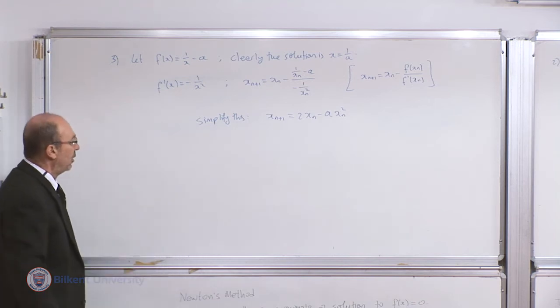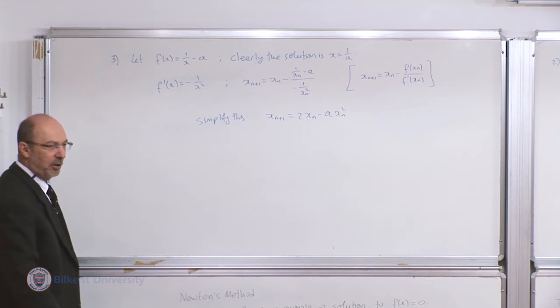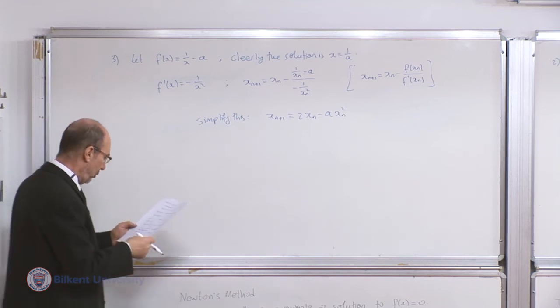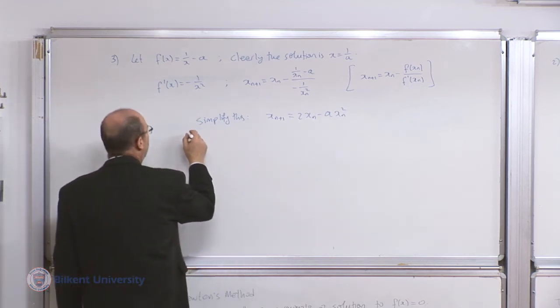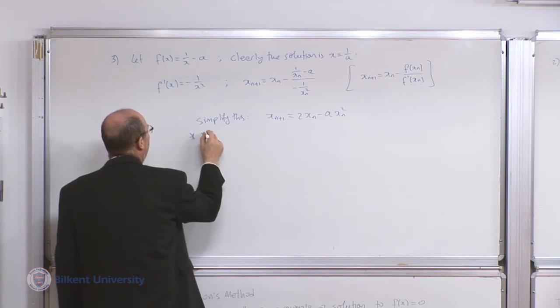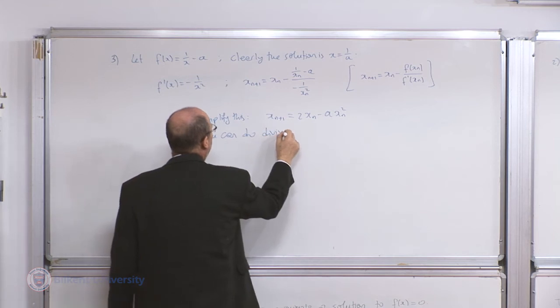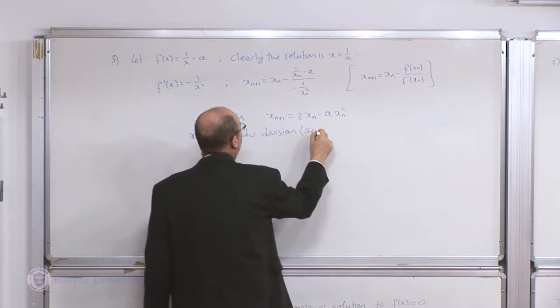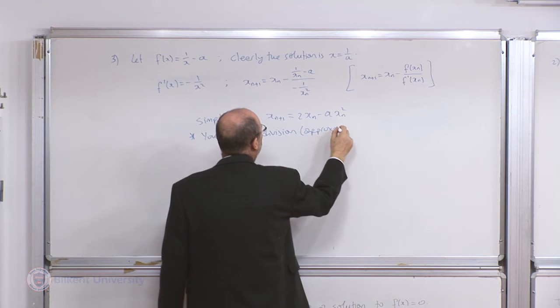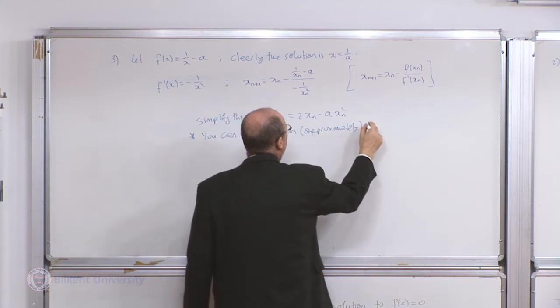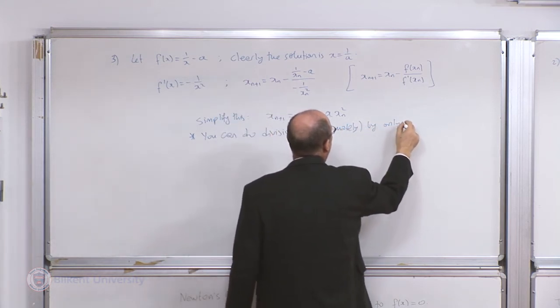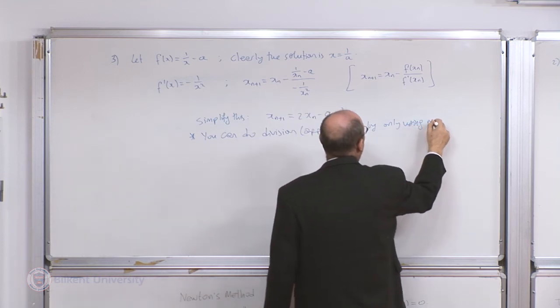Okay. So this means you can approximate 1 over a by doing multiplication only. So you can do division, approximately, of course, by only using multiplication.